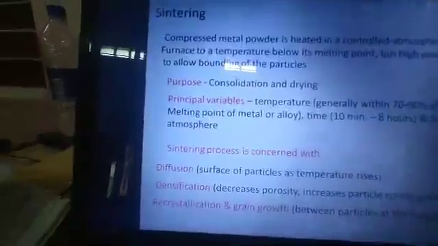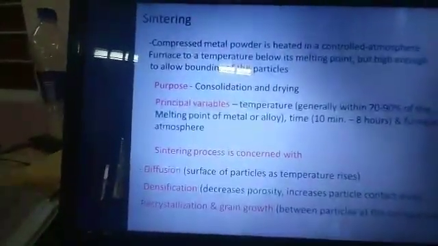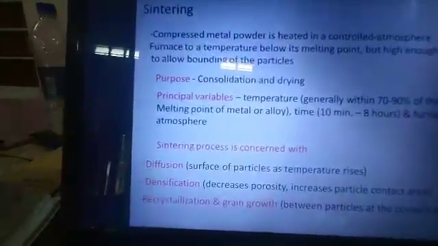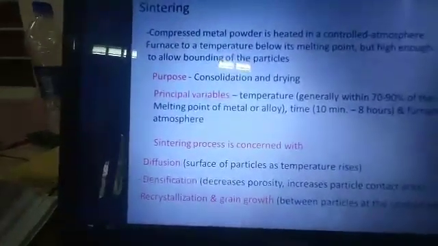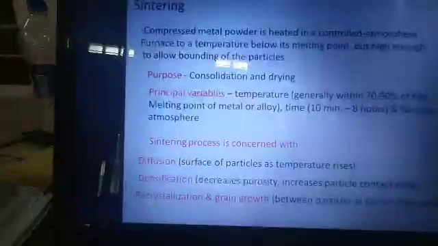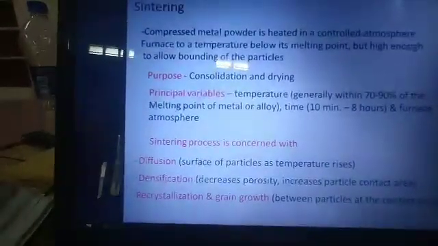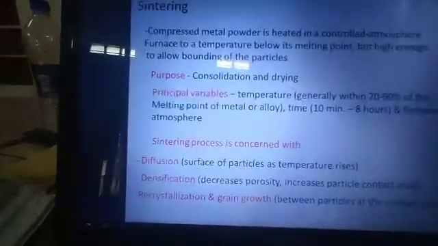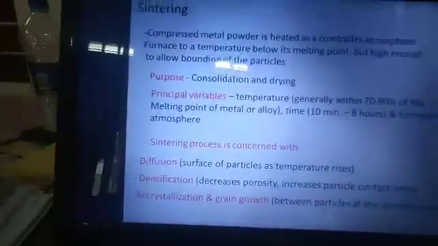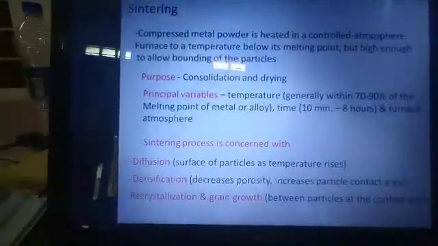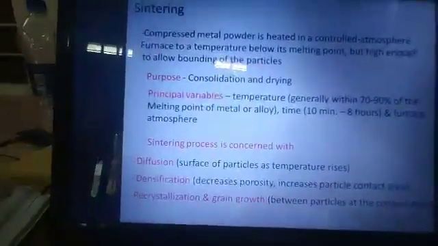Then sintering, what is sintering? In sintering, compressed metal powder is heated in a controlled atmosphere. It is heated below its melting point but high enough to attain bonding strength between the particles. The purpose is consolidation and drying. Principal variables are temperature, time and furnace atmosphere.